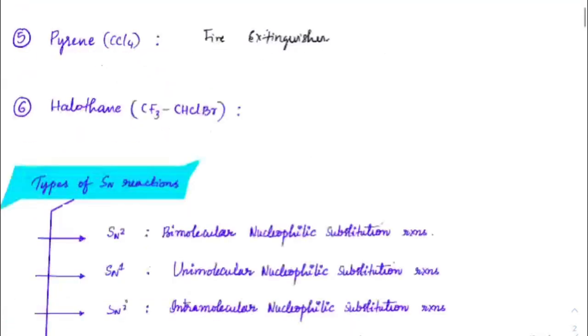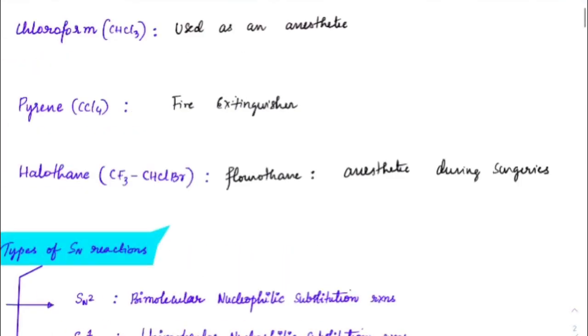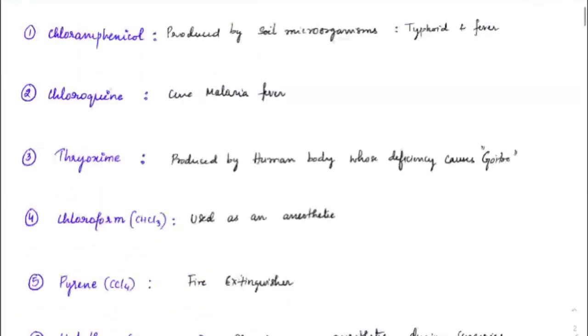And halothane, which is also known as fluorothane, is also used as an anesthetic during surgeries. So these are a few common terms you must know about haloalkanes.